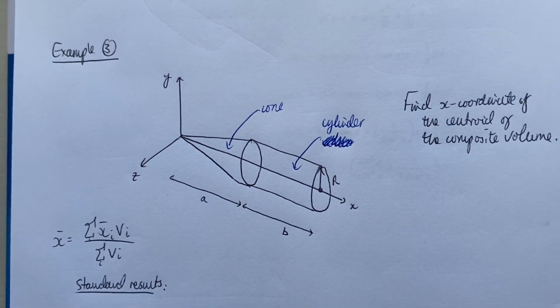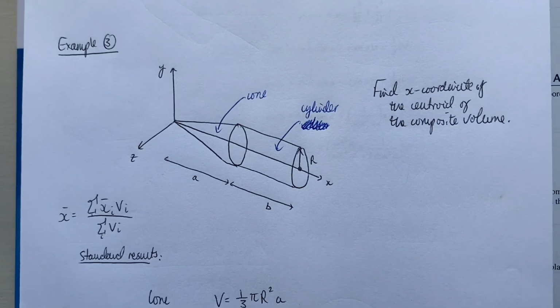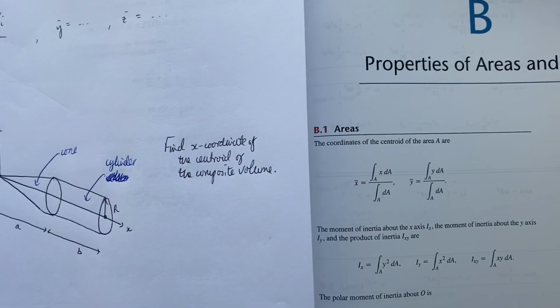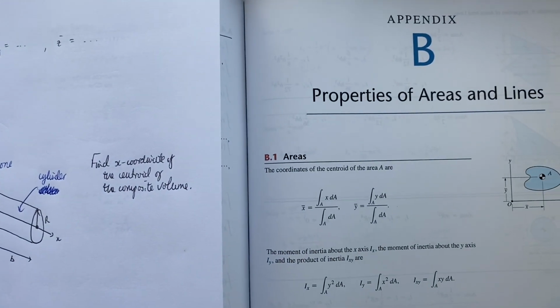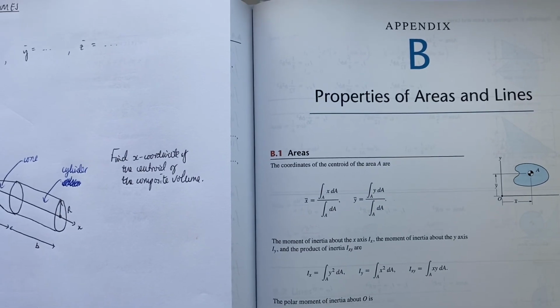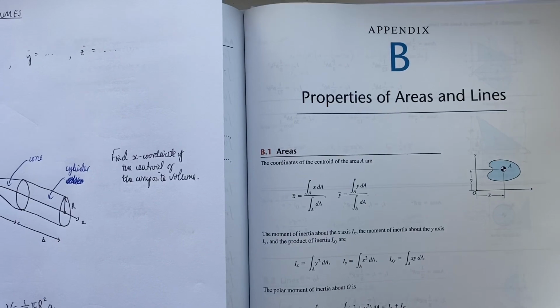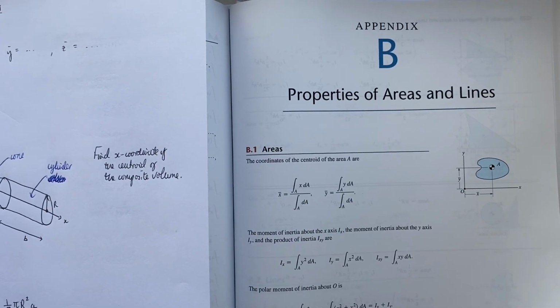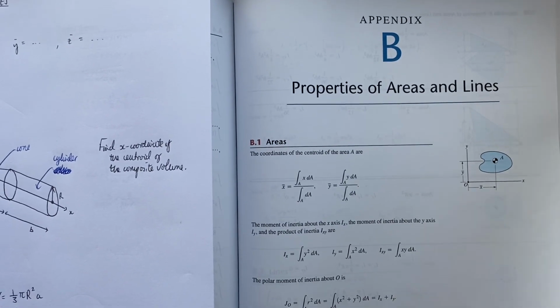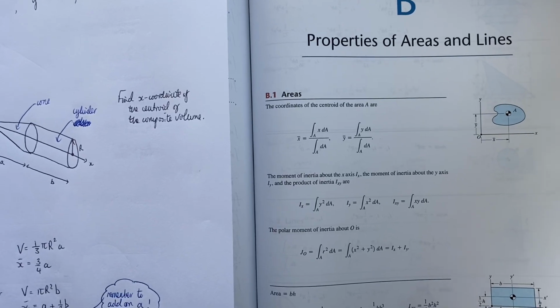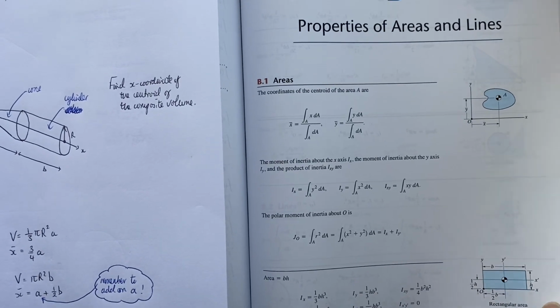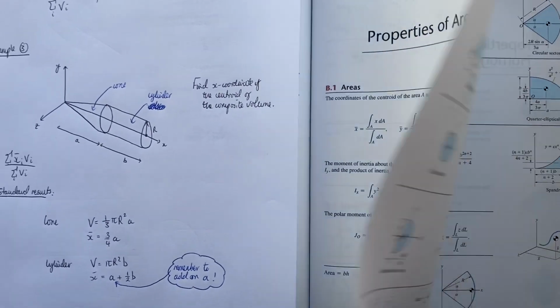But because we're dealing here with standard shapes, again, the appendix, properties of areas and lines, is going to be our friend, the one from the textbook, right? So you're going to be allowed to use this in the final, so you don't need to commit any of this stuff to memory. You just need to know what stuff is on here and where to find it.